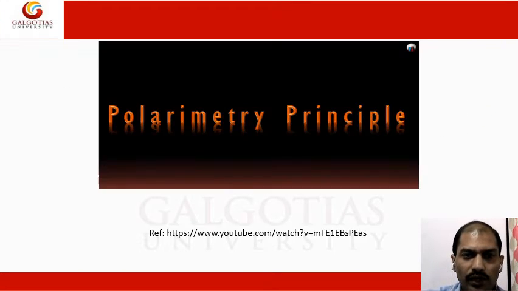So here, plane polarized light is all about this. You can see here the principles of plane polarized light. We will see this from a simple way of representation.